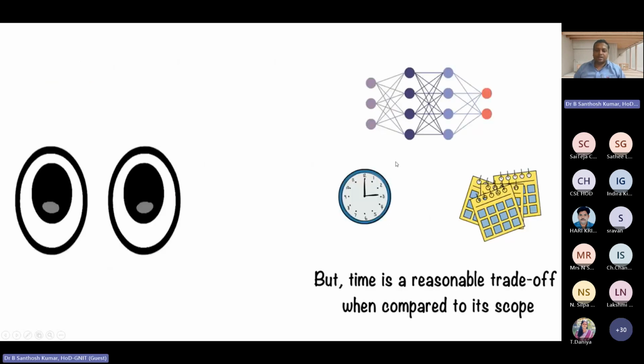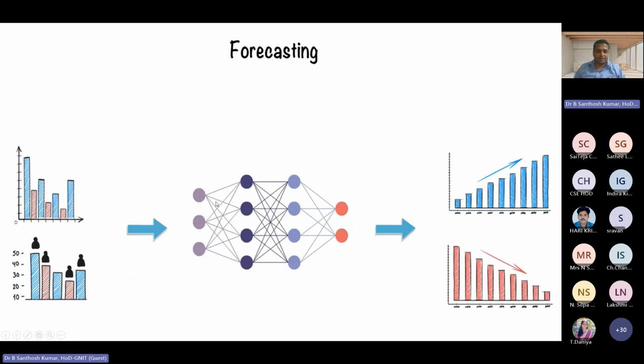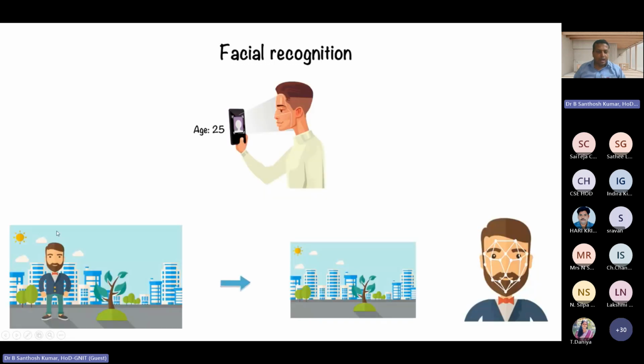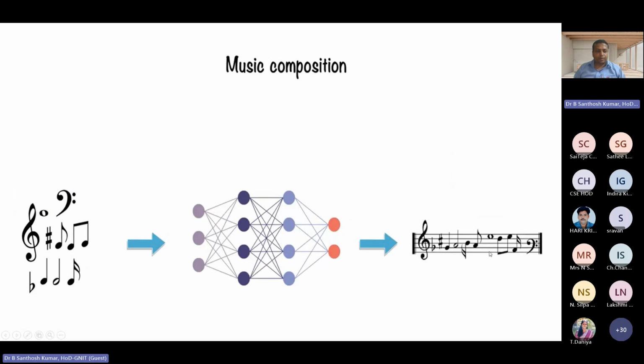Then time series data can also be analyzed. Then facial recognition means it will hide the other objects and take only your particular face. Then forecasting. With the help of forecasting data, we can predict whether the temperature will increase or decrease. Then musical composition also: with the help of some notes, we can compose music.